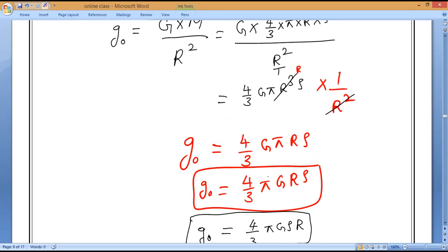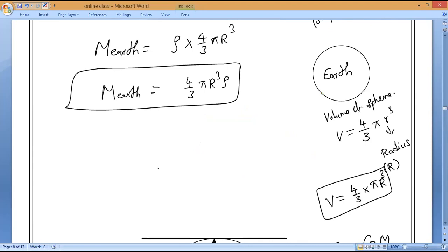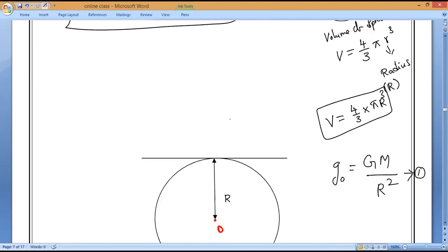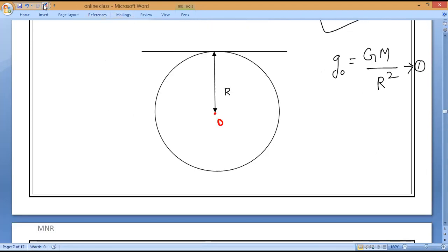Now, what is the second factor? Depth. Depth means what? Going inside or going away from the earth? Inside, sir. Now, the person is going inside, digging into the surface of the earth. Finally, he has reached a certain distance. I will draw that again.